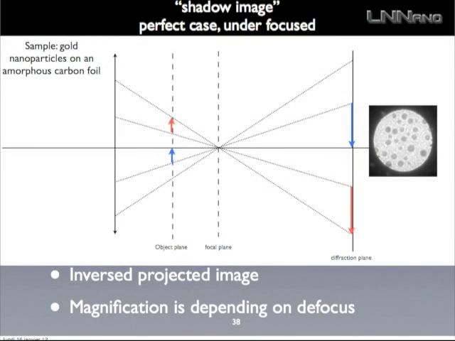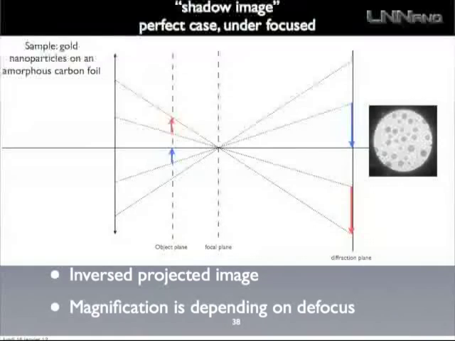Okay, so here I will try to explain why it's a good way of characterizing your electron probe. What you see here is an image. I will explain which kind of image in a minute.